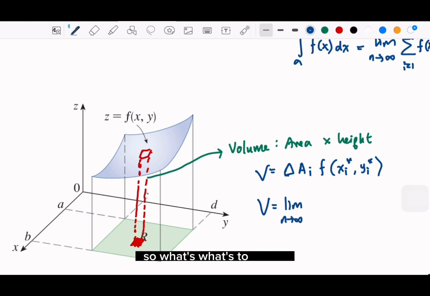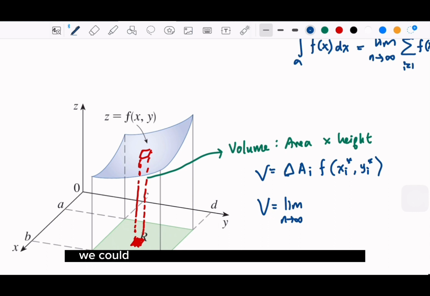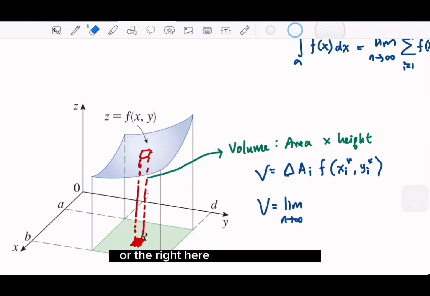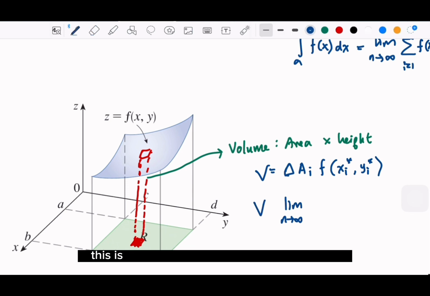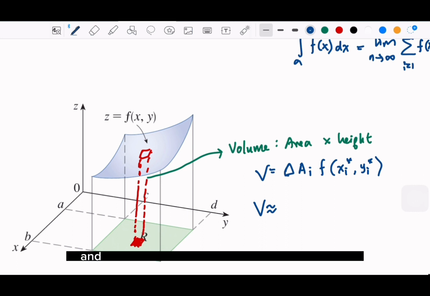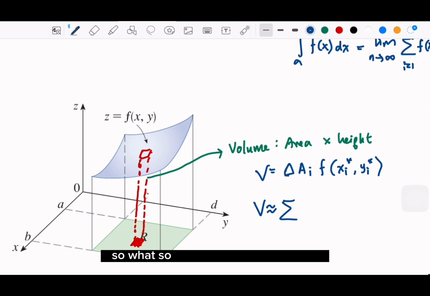So how do we define the delta A? We could define it through the delta x and delta y. Let me write here, it's not really equal, it's going to be approximately. Maybe just approximately first, and then write the limit later on in the definitions. So first is x and maybe y here.